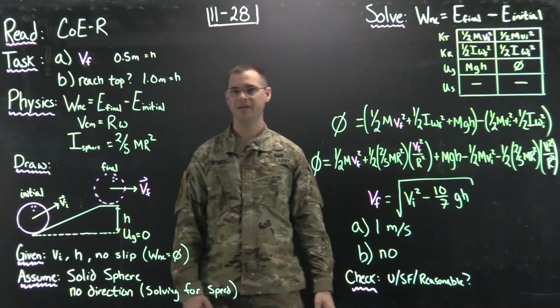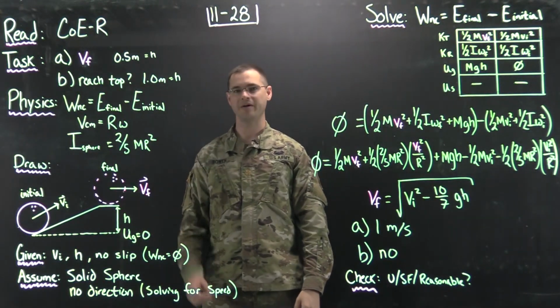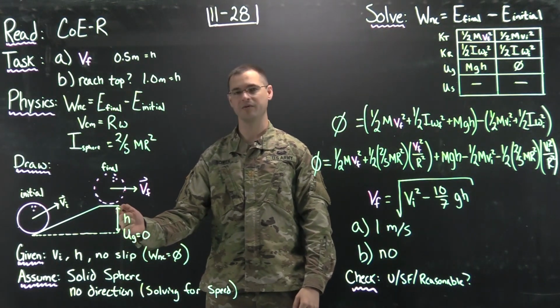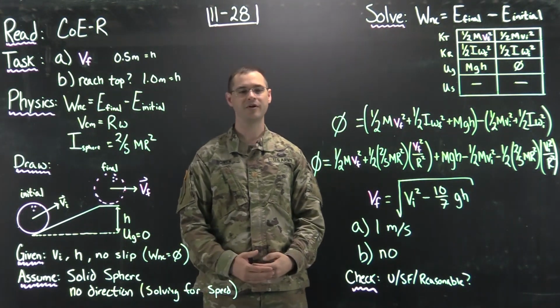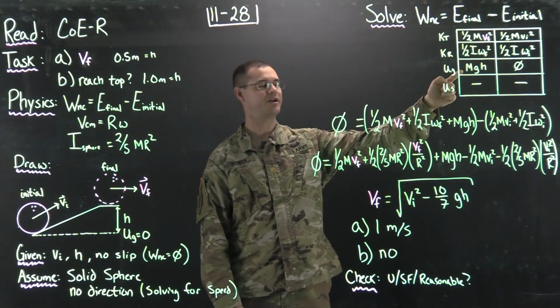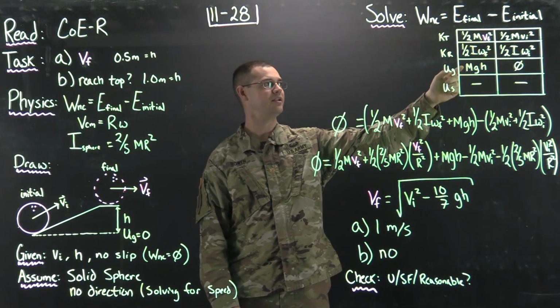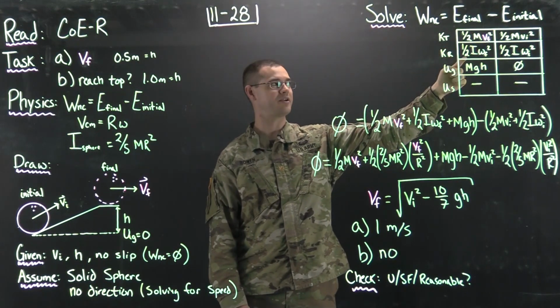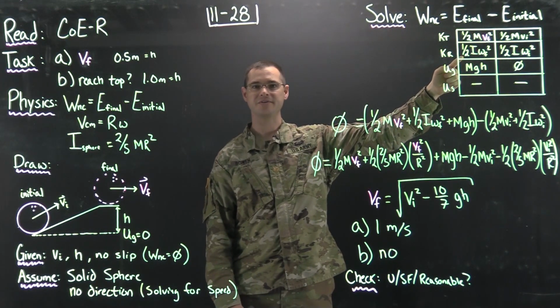In the final state, shown by our dashed line, our bowling ball is still rolling, and it has some increase in height, so it has both gravitational potential energy for our increase in height, and it has kinetic energy, both translational kinetic energy and rotational kinetic energy.